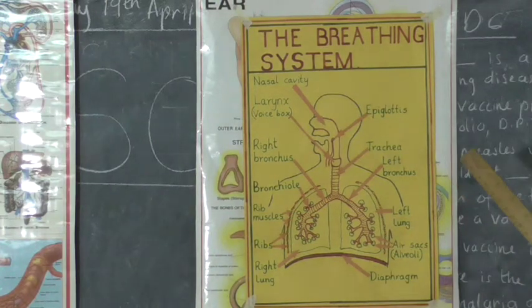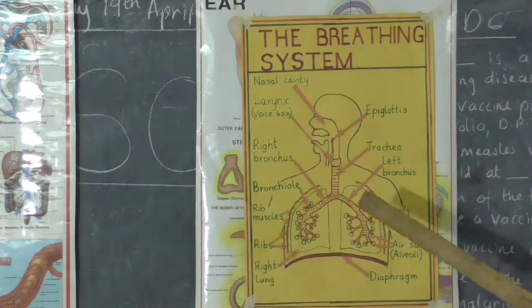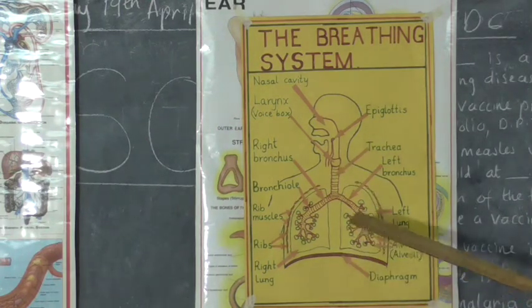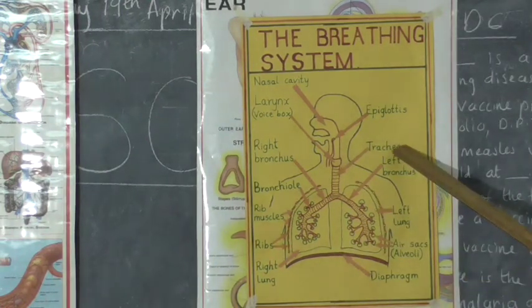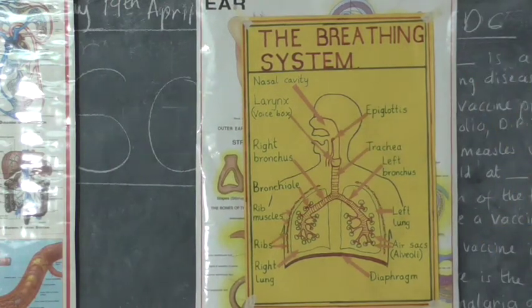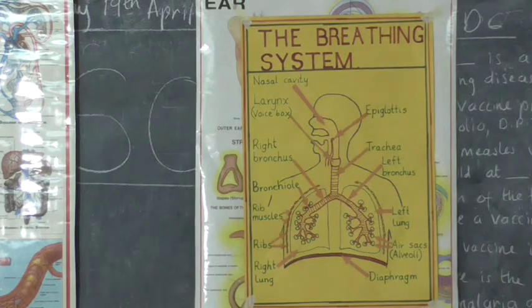You can see on my chart the diagram of a human being, partially, not fully, and the different parts that are involved in taking in air and taking out the same.